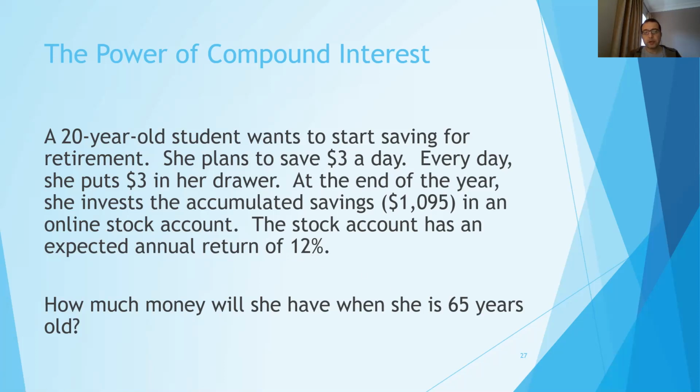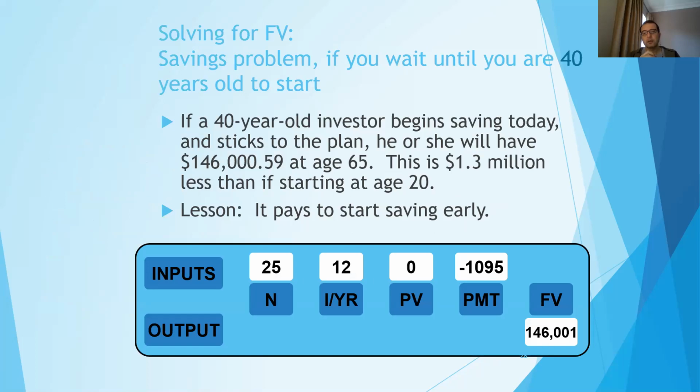She is right now 20 and she will be 65. Okay, we have 45 years. N is equal to 45. Then we can calculate it, right? If you calculate it, the calculation is not here.